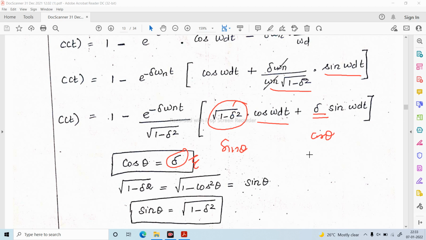So this looks like sin A cos B plus cos A sin B, no? So how to write the formula?